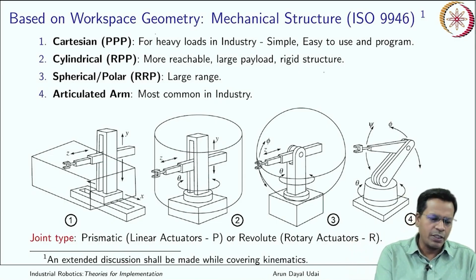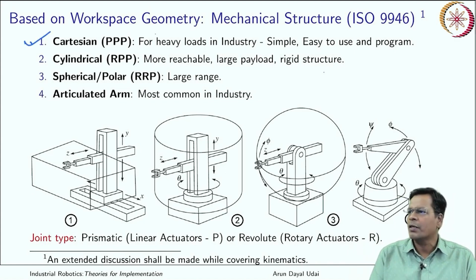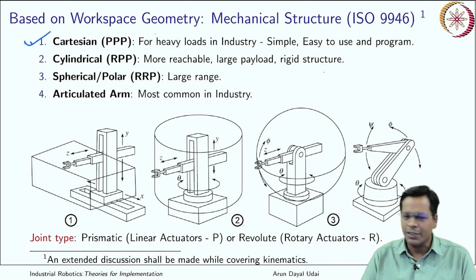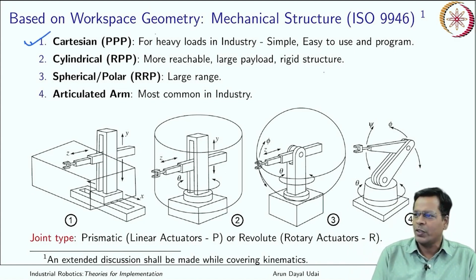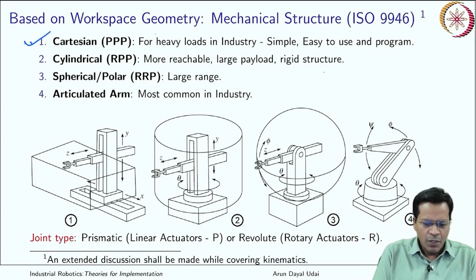Now let us begin with a Cartesian robot, which is PPP type. What does it mean? It has 3 prismatic actuators. If you see carefully, this is the arm, which has an actuator that can move in this direction, another one can go in this vertical direction, and the third one can move in this direction.